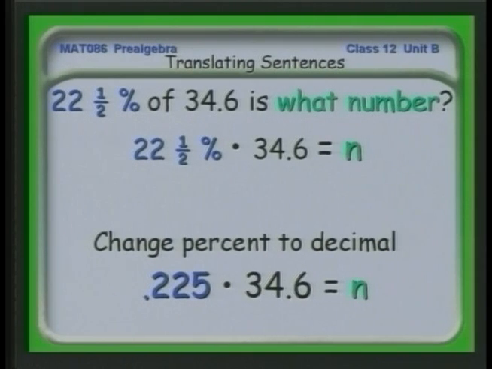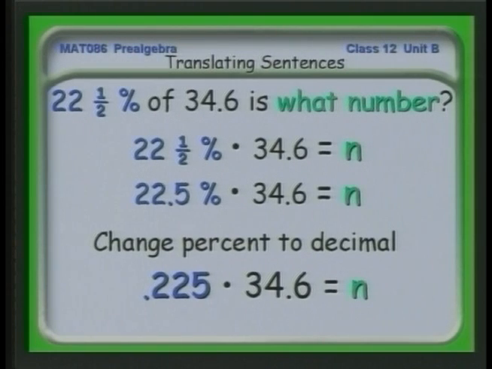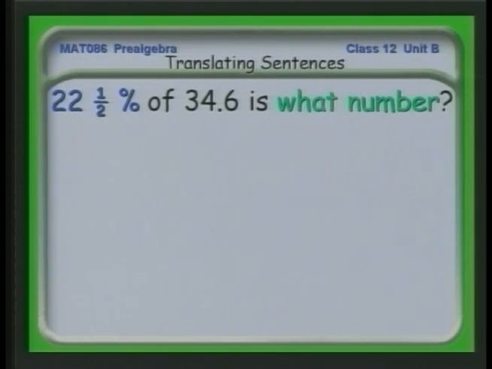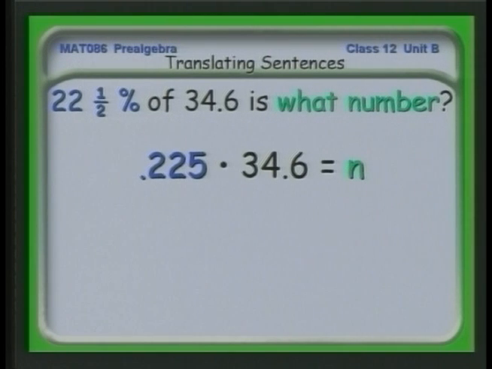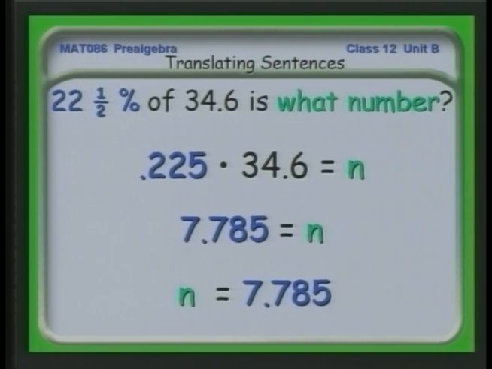We can change 22.5 to the decimal 0.225. Now we just need to do the mathematics, and we can just use our calculators and find, to the nearest 3 decimal places, the part that we've calculated is equal to 7.785. That's our unknown. And again, if I want to, I can swap this around to make it look a little bit better.